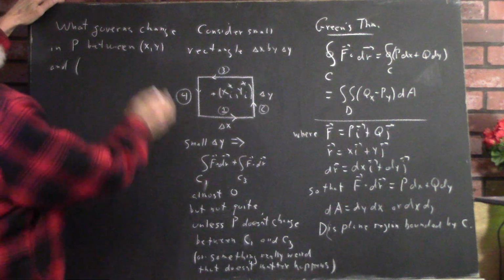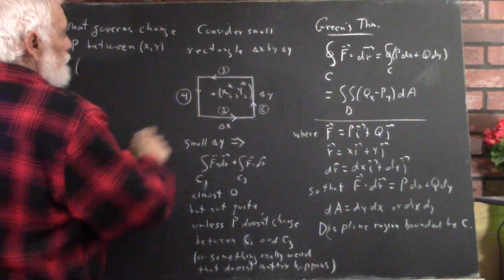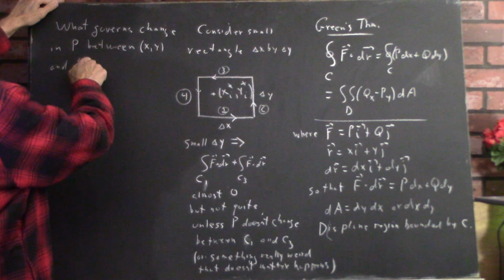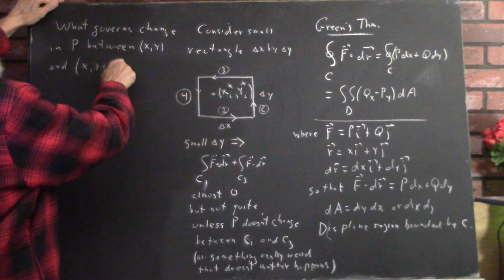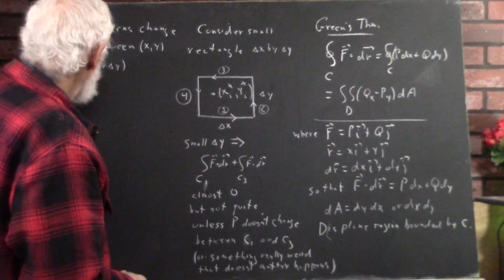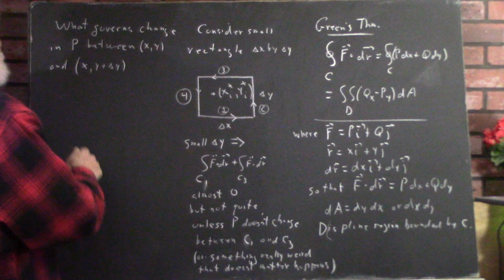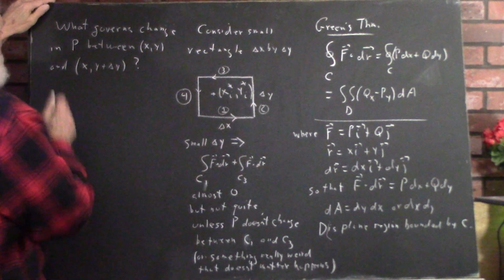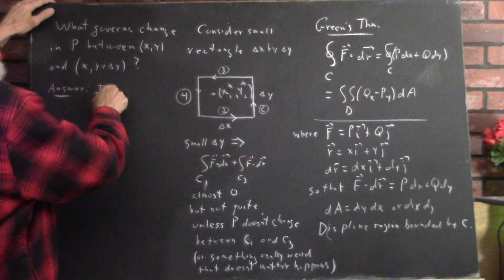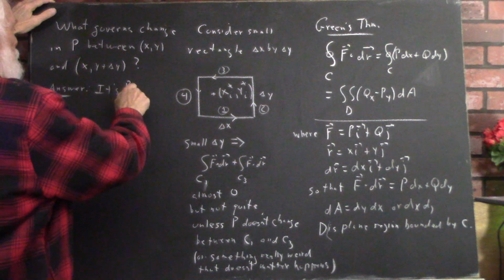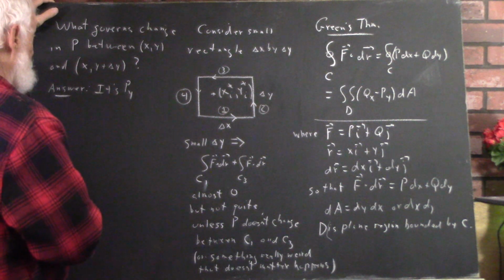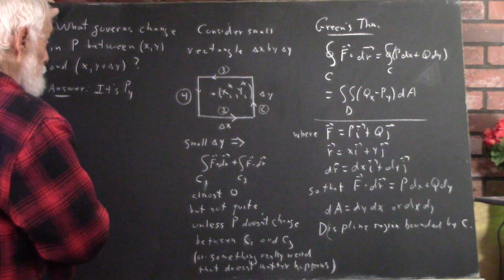And I'm going to phrase this as what governs the change in P between a point x, y, presumably on curve C1, and a point up here at distance delta y above that point. At least the way I've drawn it, it's above that point. The answer is, it's Py. Okay?